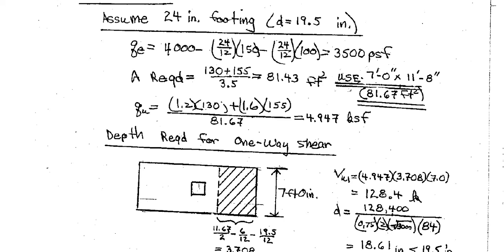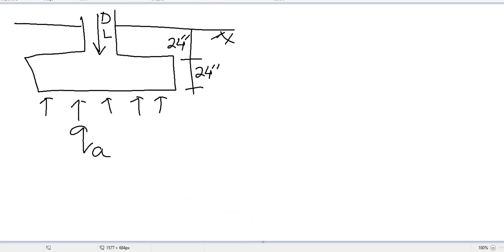d is 19.5, that means the cover to the center of the bar is 4.5 inch. Now why 4.5 inch? Because this is a rectangular footing. One bar will be here, and the other set of bars will be on top of this. So they are considering d from here to there.